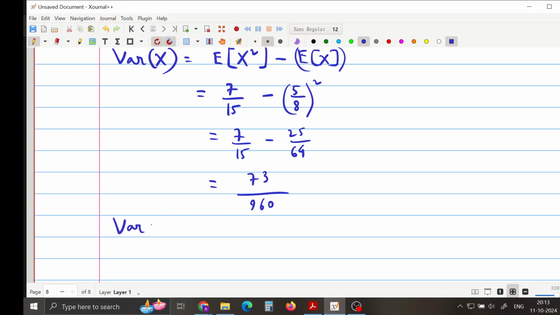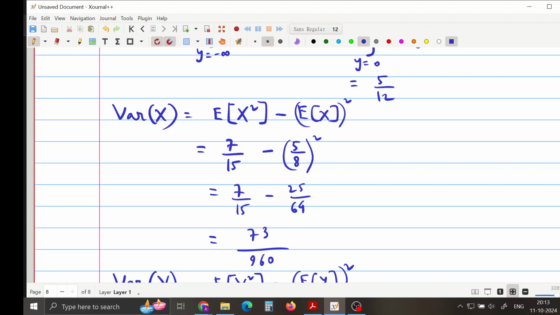And what about variance of y? Again, expectation of y squared minus expectation of y, squared.